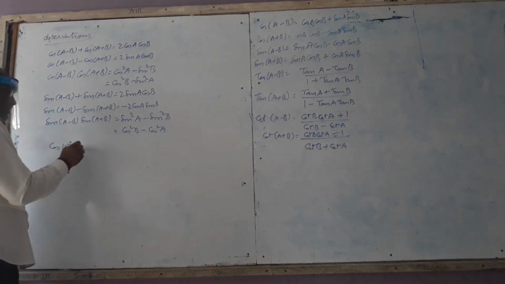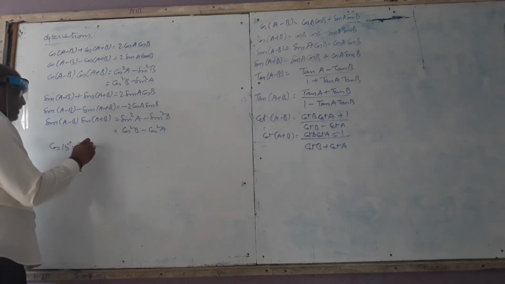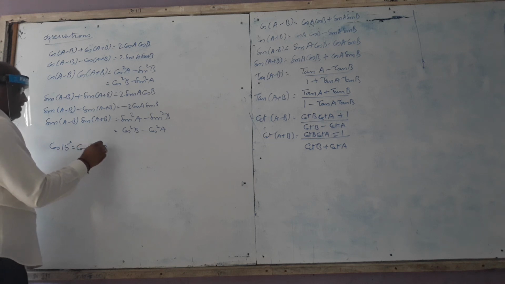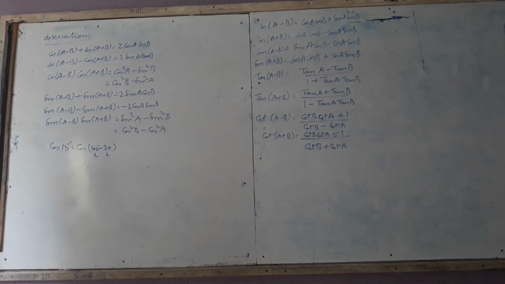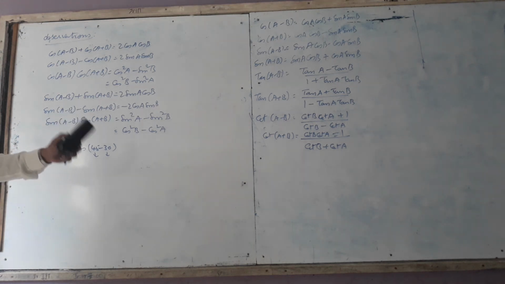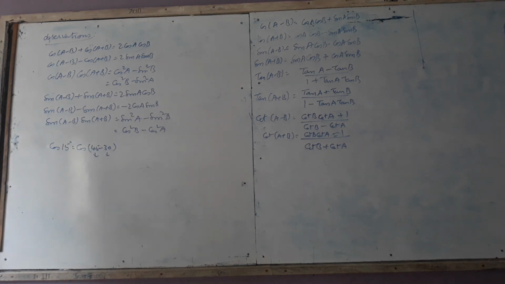So I will use the formula. I will write cos 45 minus 30. I know the trigonometric ratios of the angles 45 and 30. So I will write 15 as 45 minus 30. That is why the compound angle formulas are useful.